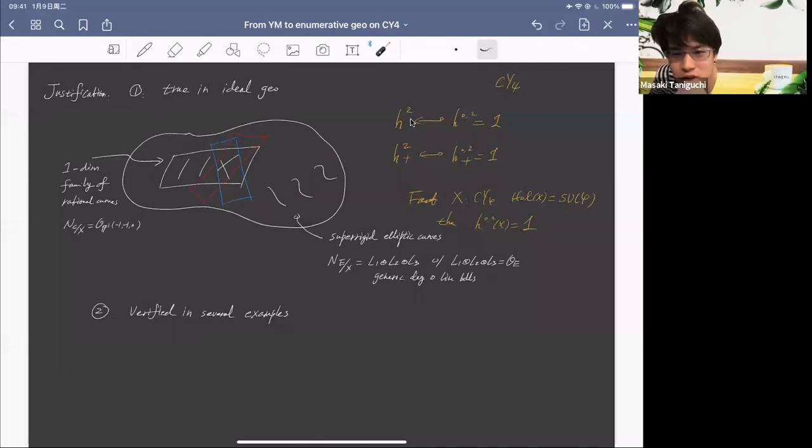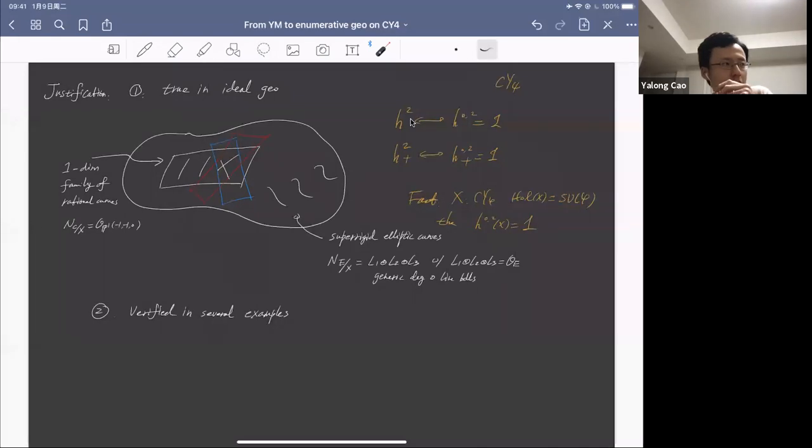But it depends on the choice of a wall, right? Yeah, I think this is something different. Deformation invariance means if you deform the complex structure, the invariant does not change.